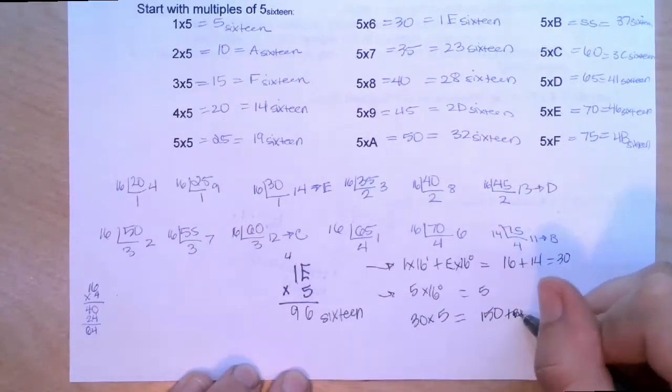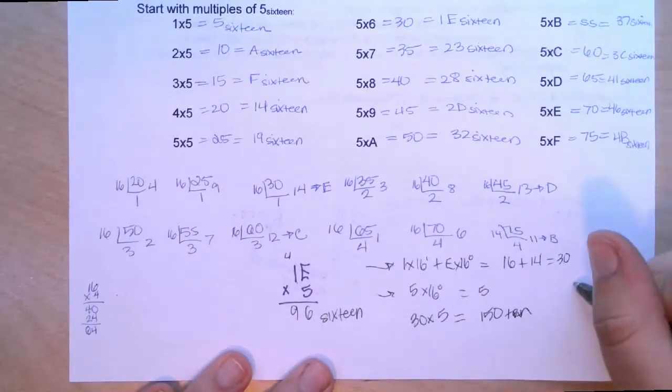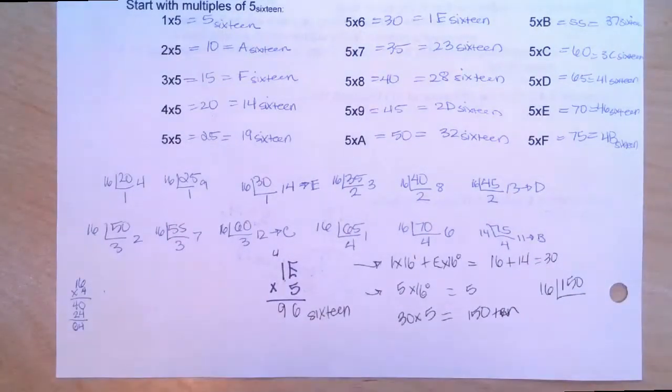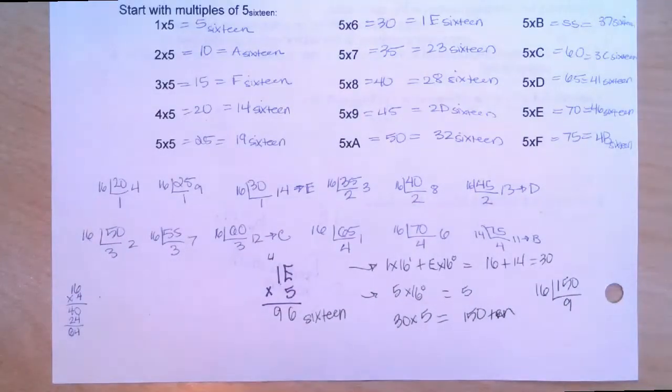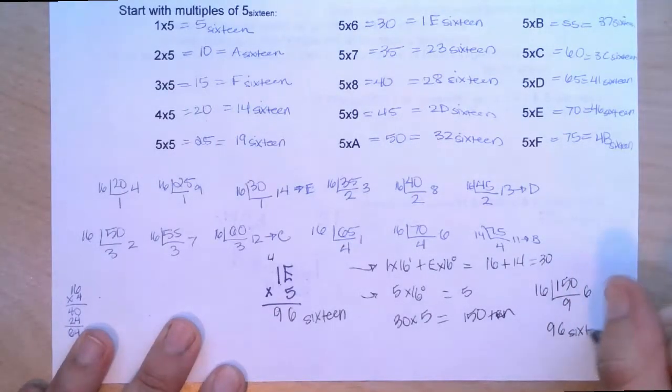And again, this is base 10. So if we want to convert 150 back to base 16, we would take our 150, take out a 16. When we do that, we get 9 with a remainder of 6. So again, it'd be 96 base 16. So we get the same answer.